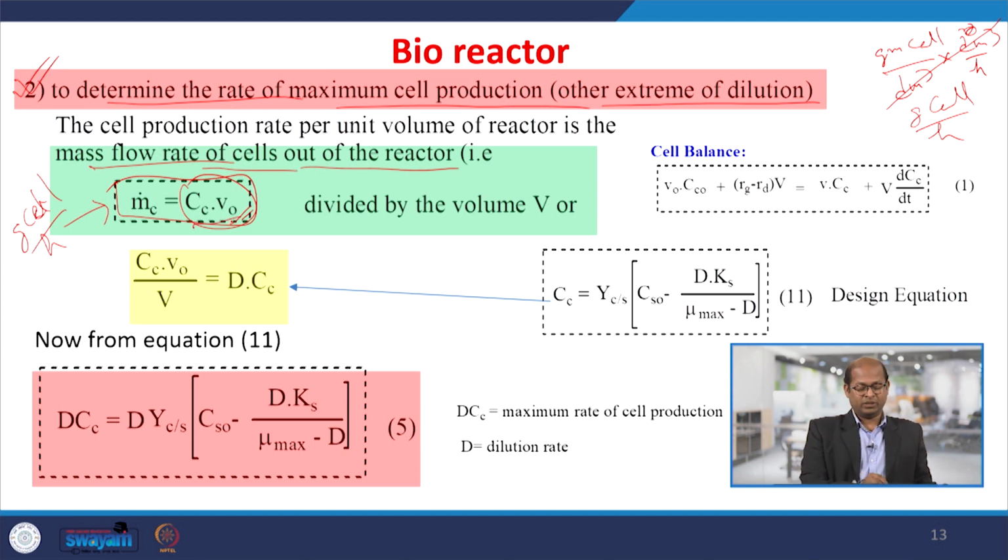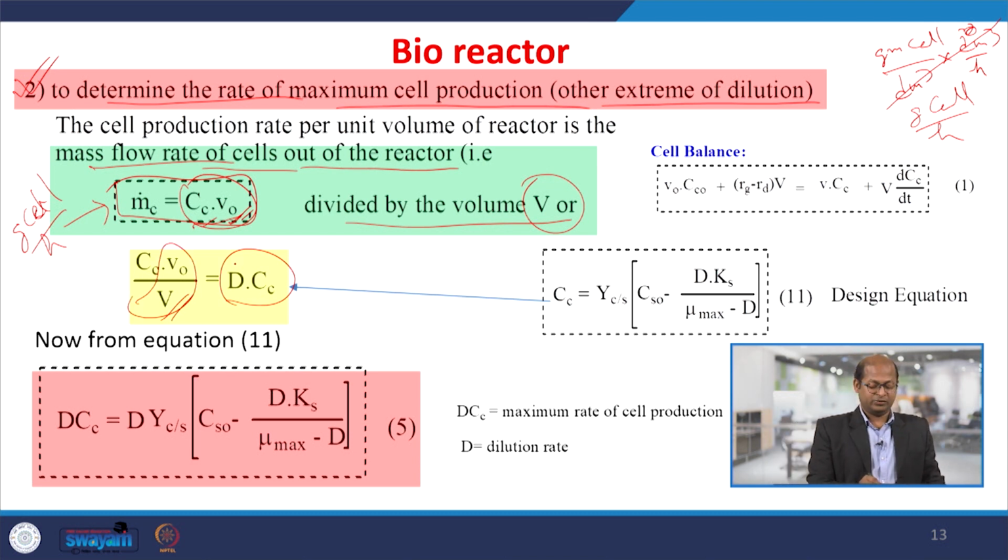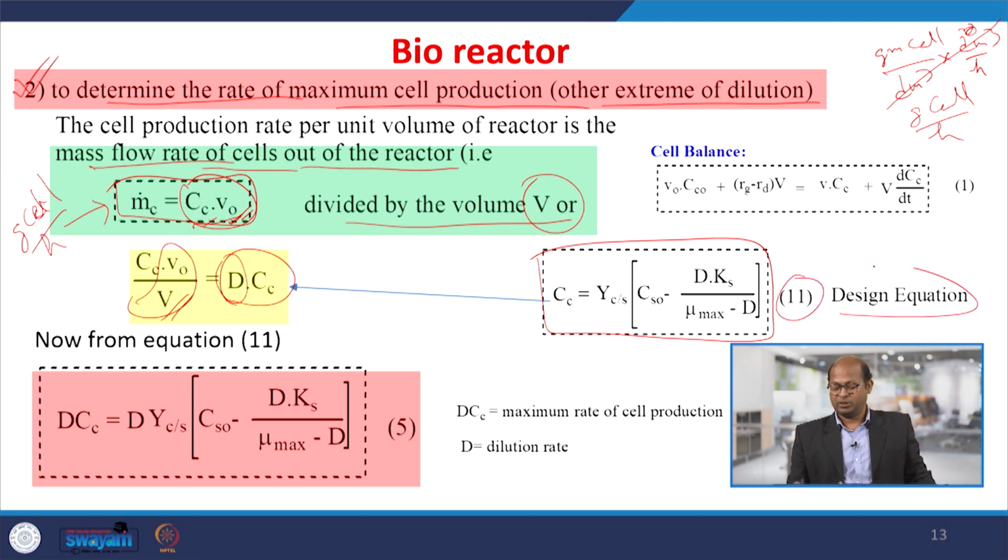So, in these equations, if we divide by the volume of the reactor, then Cc V naught divided by V would give d times Cc, since V naught by V is equal to d. So, then it is coming like this, and we had the design equation. We have discussed equation number 11, that is the design equation for the bioreactor or chemostat.